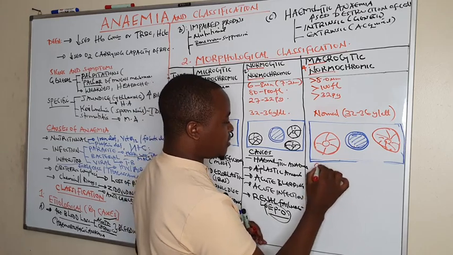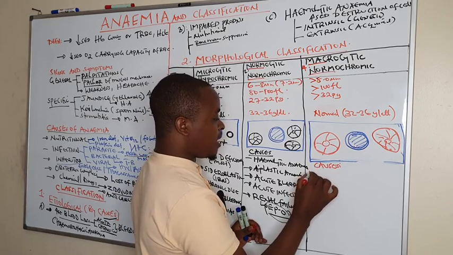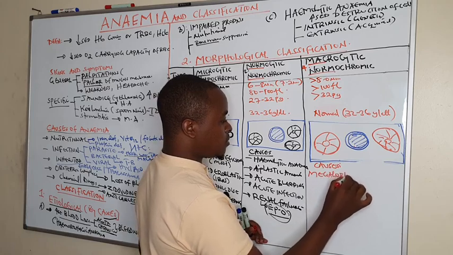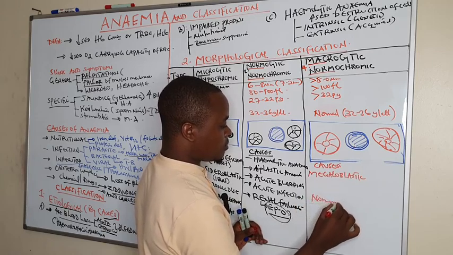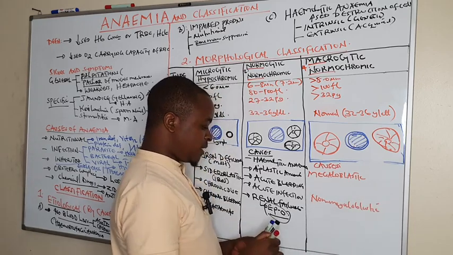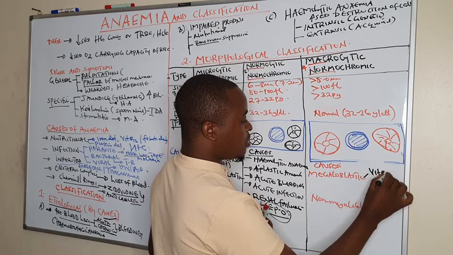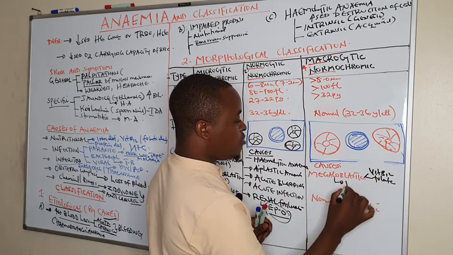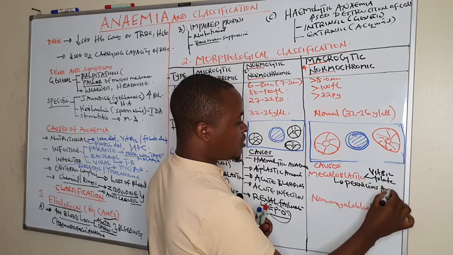And under causes, we are going to see the causes can be either megaloblastic or non-megaloblastic. Under megaloblastic causes, we are going to see due to either vitamin B12 or folate deficiency, or maybe due to pernicious anemia. What is pernicious anemia?